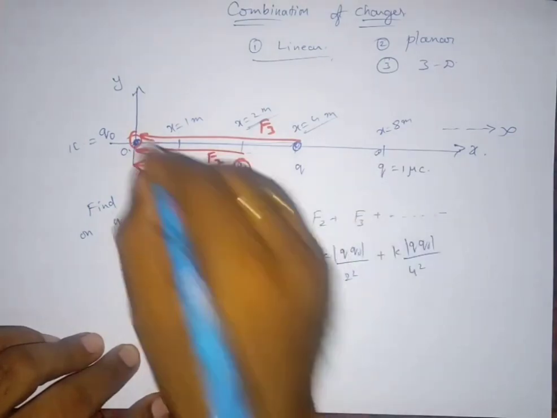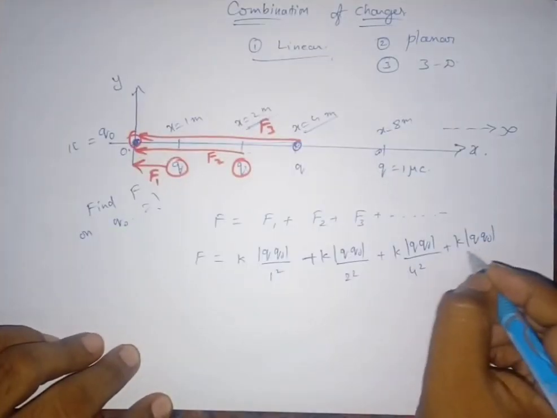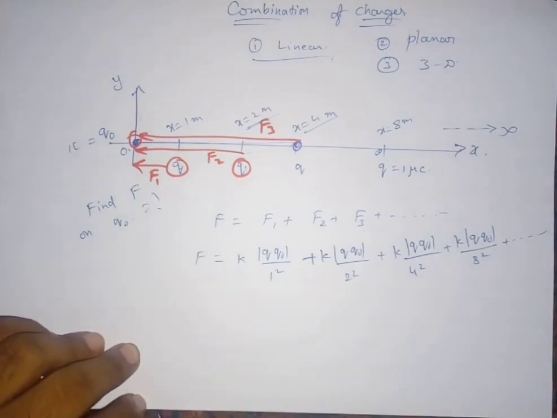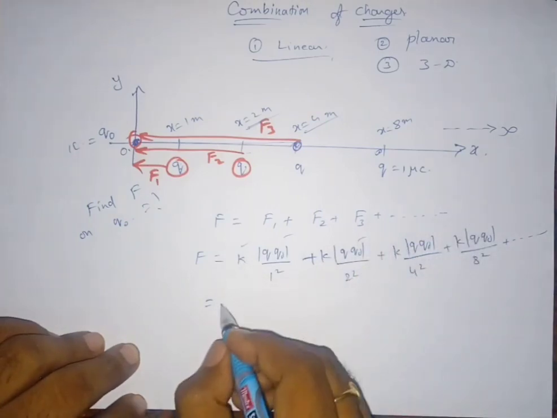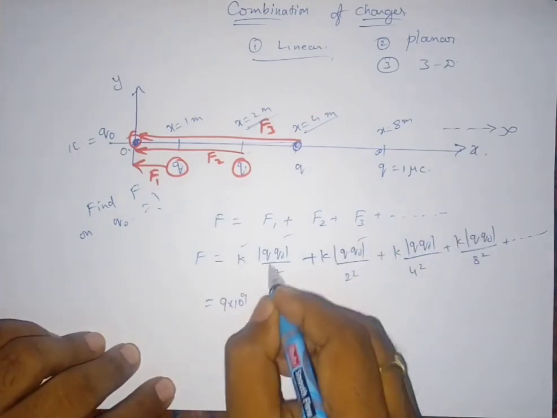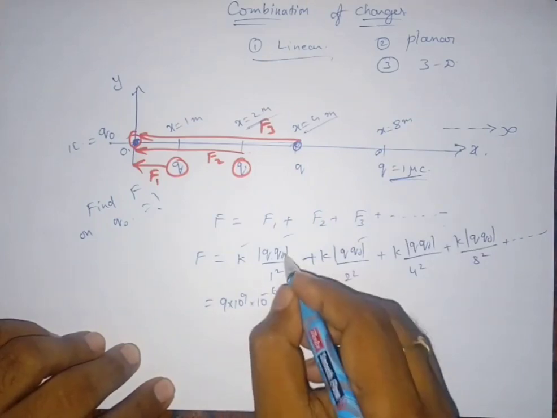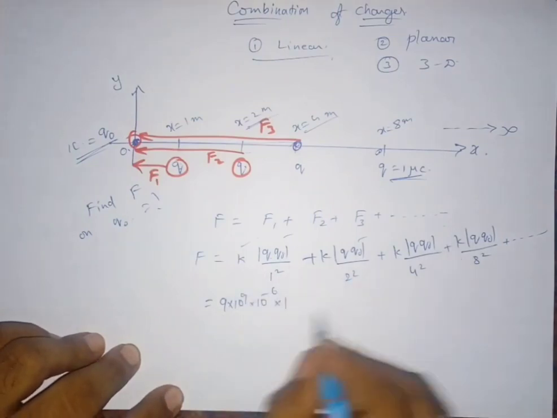Then K mod Q Q0 upon 8 square, and so on up to infinity. Let us take these things common in the numerator. K value is 9 into 10 to the power of 9. Q value is 1 microcoulomb, 10 to the power of minus 6. Q0 is equal to 1 coulomb. So that's all in the numerator.